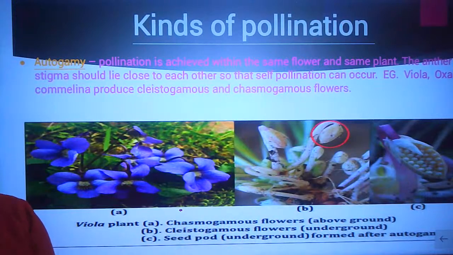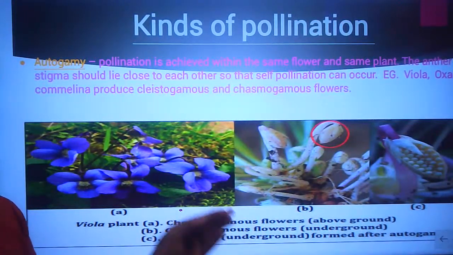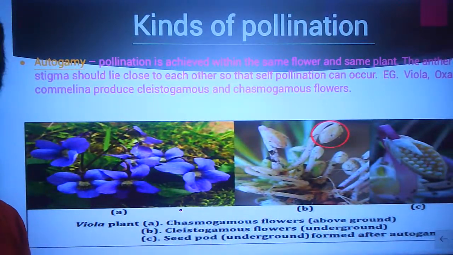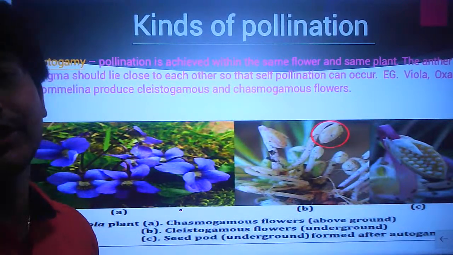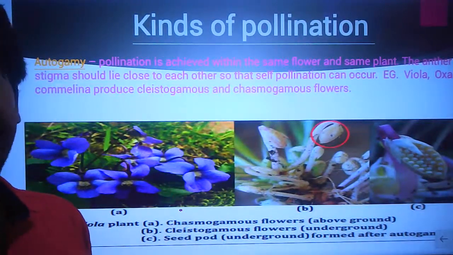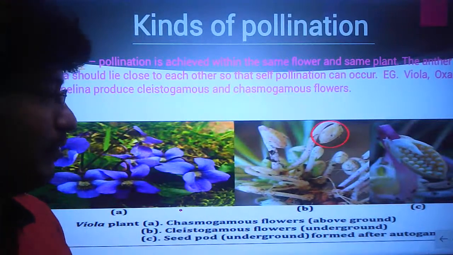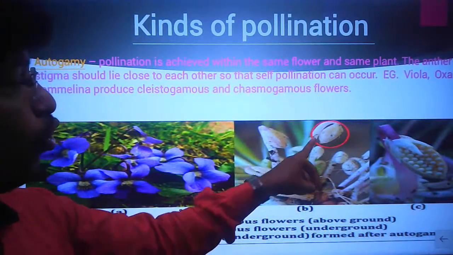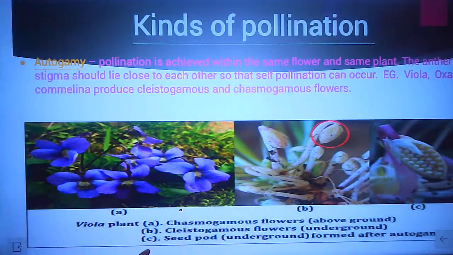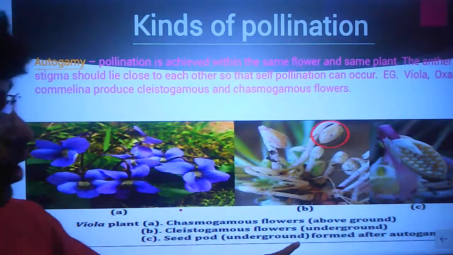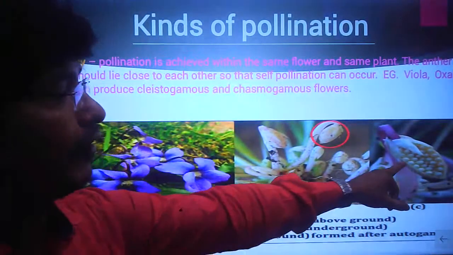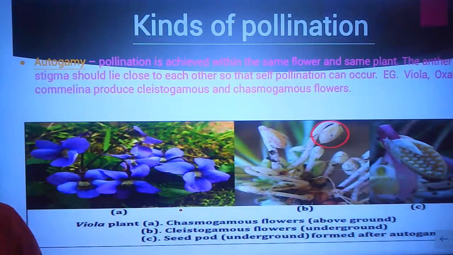It's always in a closed fashion, with anther and stigma present inside the flower. So there's no need for any external agents to transfer pollen, because this cleistogamous flower is not going to open. It's always in closed mode. You could see the seed pod underground after the autogamy. After the autogamy, the seed pod starts forming.